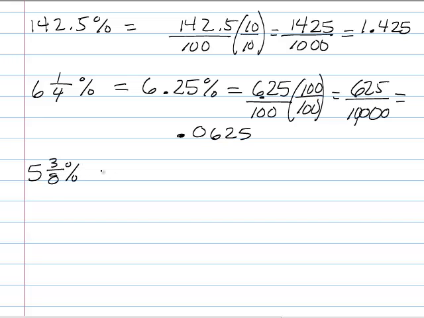3/8%. We have to first of all convert 3/8 into a decimal equivalent. We can divide 3 by 8. Add our 0 there. 8 goes into 30 3 times. 3 times 8 is 24.